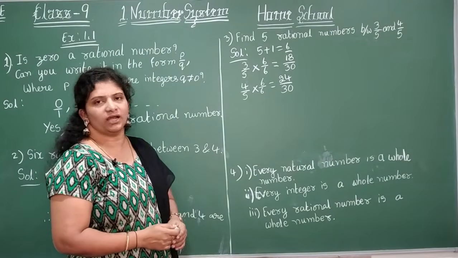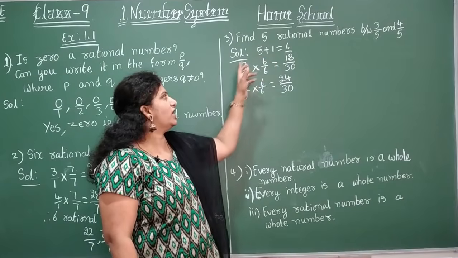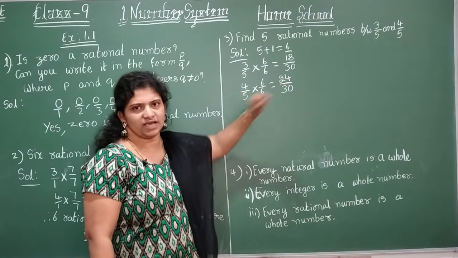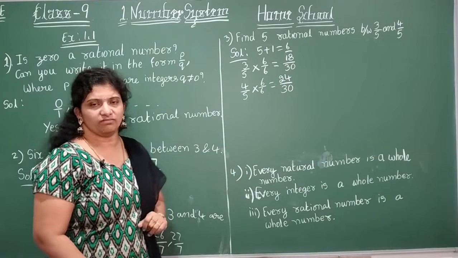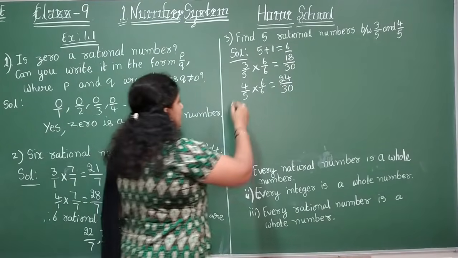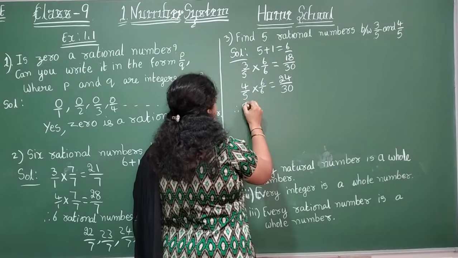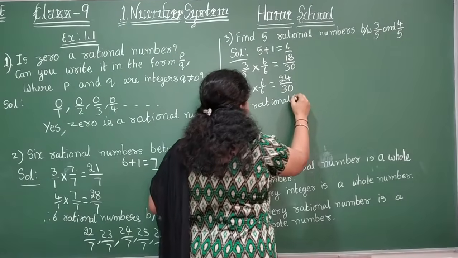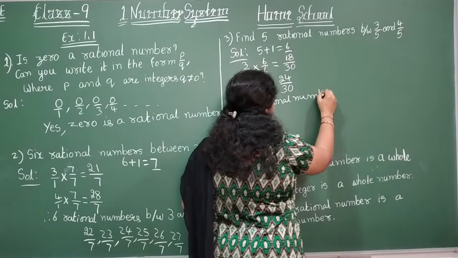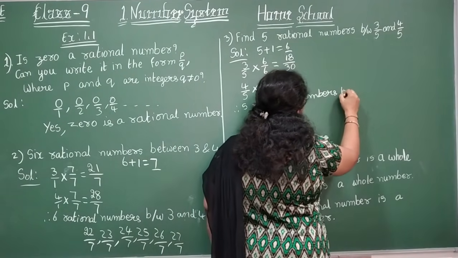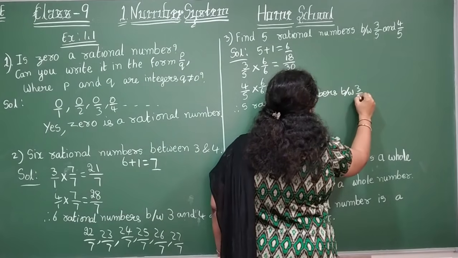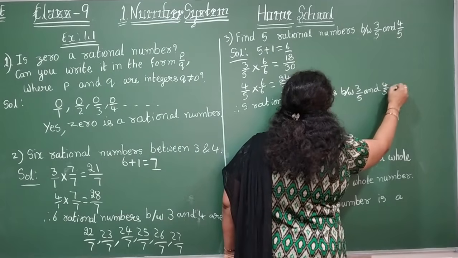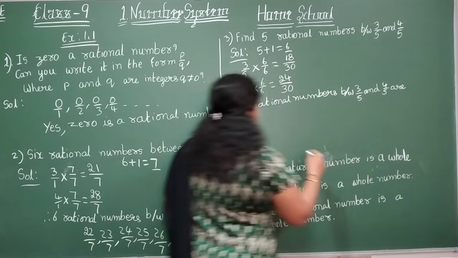Again, if you want, you can observe, children. If you cancel, you are going to get 3 by 5. You cancel this, you are going to get 4 by 5. Now, 5 rational numbers. Therefore, the 5 rational numbers between 3 by 5 and 4 by 5 are, look here, observe here, children.